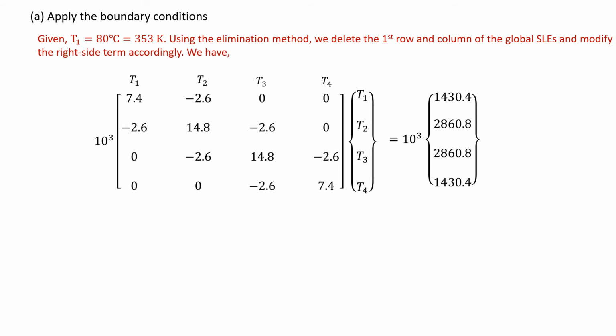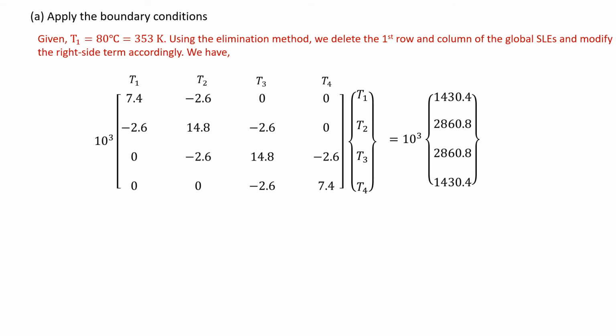Nevertheless, when we apply these boundary conditions in our global system of linear equations, it won't give any differences, as the heat flux is equal to 0. Therefore, we can neglect this boundary condition and only focus on the second boundary condition, which is the specified temperature.